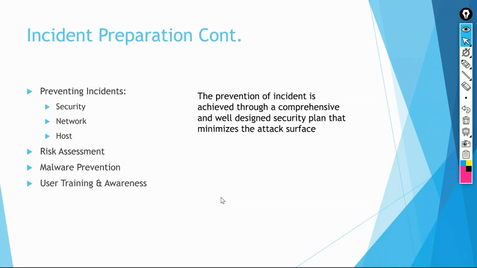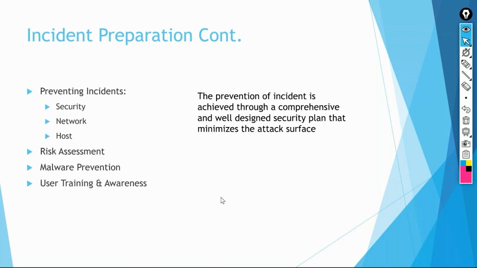Is my organization vulnerable to a DDoS attack? A DOS attack? Is it vulnerable to SQL injection attack? Does the website have a proper web application firewall? Is it vulnerable to cross-site scripting attack? So whatever threats and vulnerabilities we have, we need to identify those with the help of risk assessment.